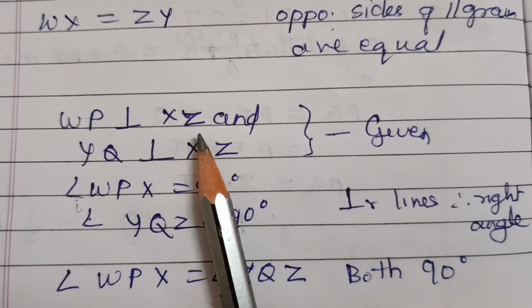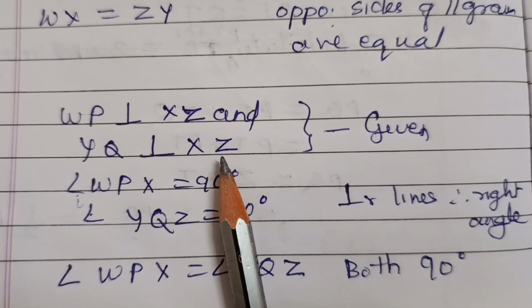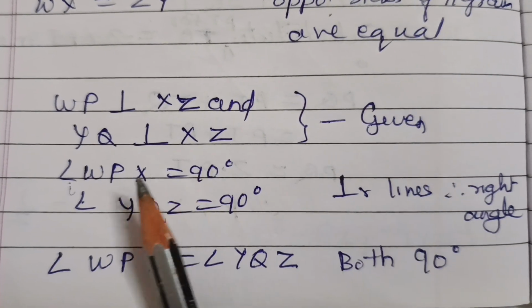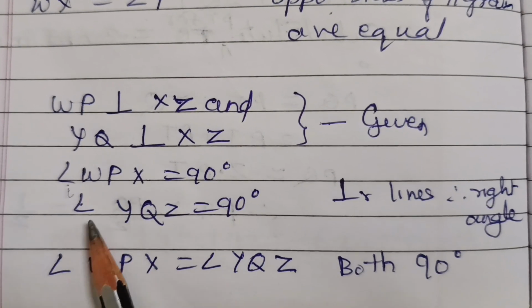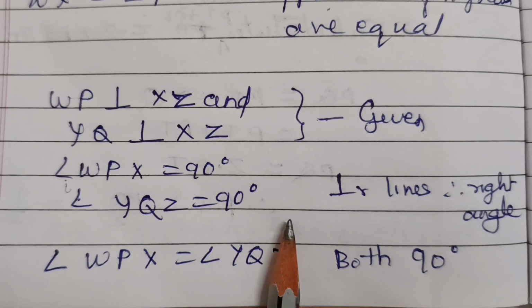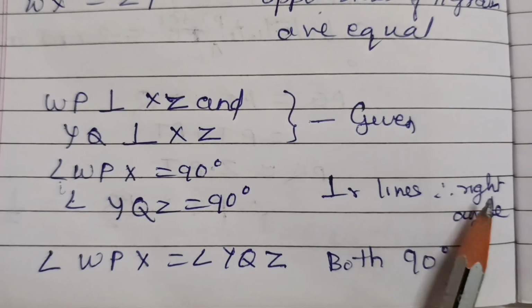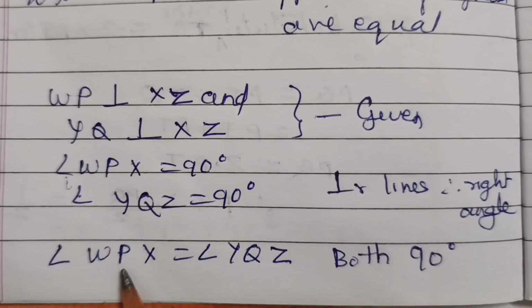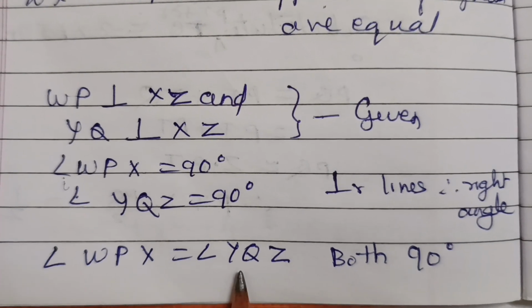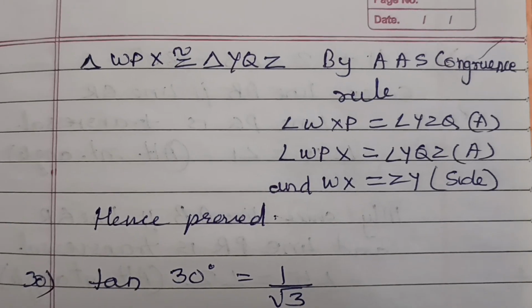WP is perpendicular to XZ and YQ is perpendicular to XZ. This also is given. Angle WPX is equal to 90 degree. Angle YQZ is also 90 degree. So perpendicular lines, therefore they are right angles. So angle WPX is equal to angle YQZ. Both are 90 degree.